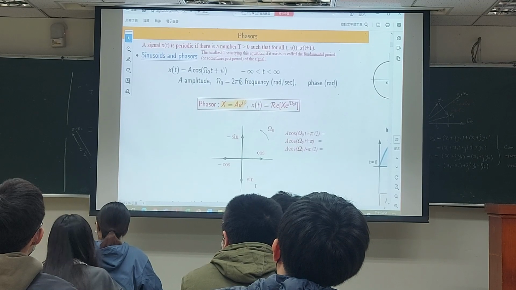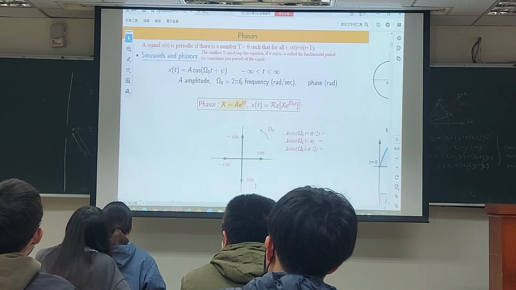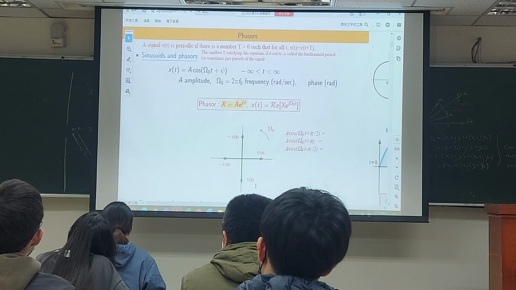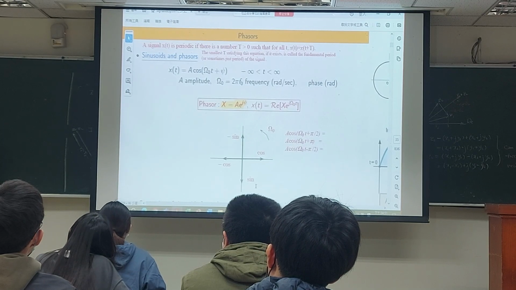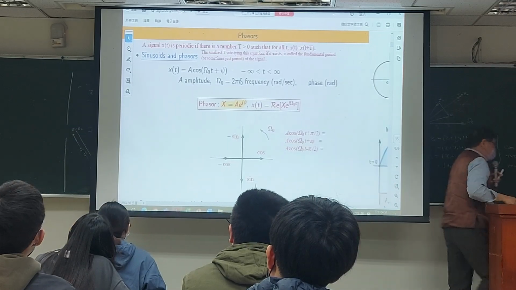Some people use cosine, but occasionally I prefer to use sine. There's a reason for that. Now, let me show you one interesting figure.